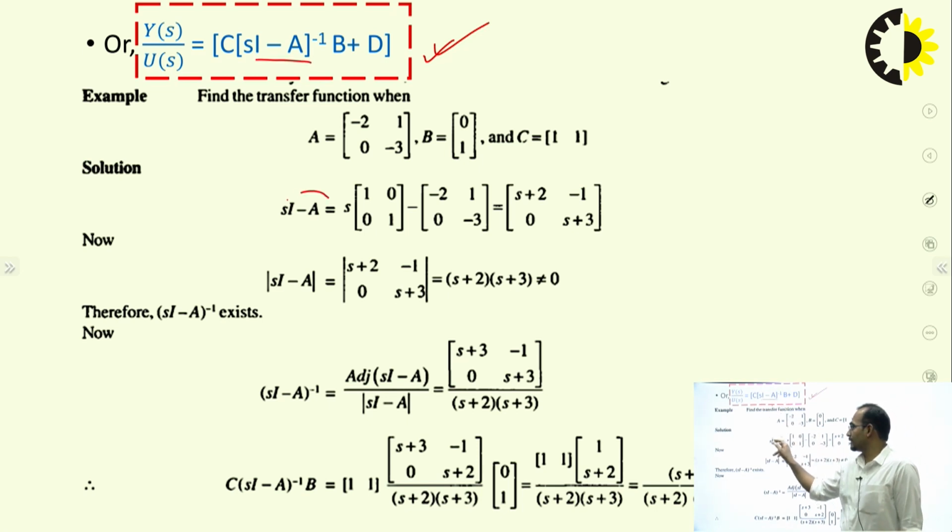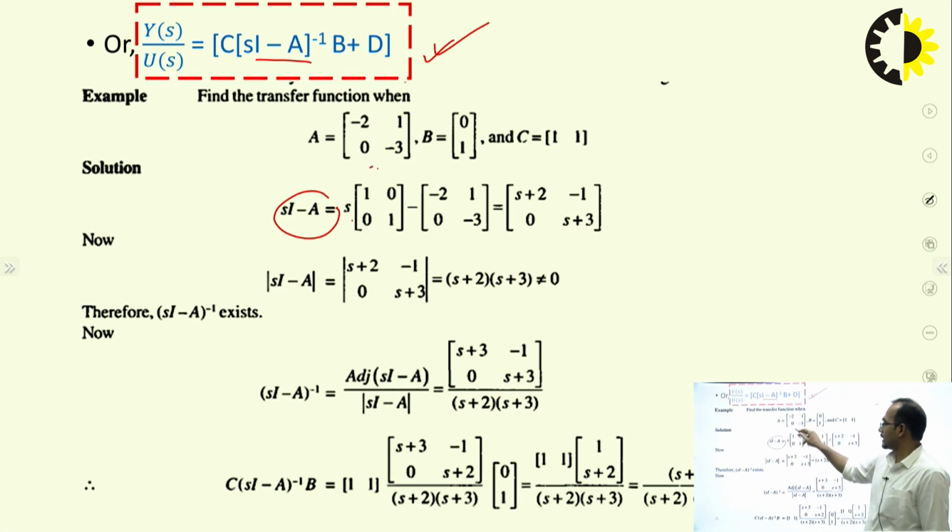What is the value of sI minus A? A is a 2 cross 2 matrix, so I will also be 2 cross 2. So I can write s times [1 0; 0 1] minus A, which is [minus 2 0; 1 minus 3]. So sI minus A will be equal to [s plus 2, 0; minus 1, s plus 3].